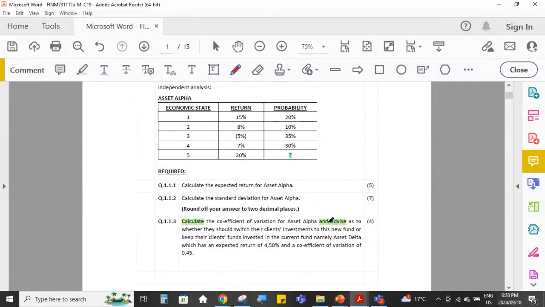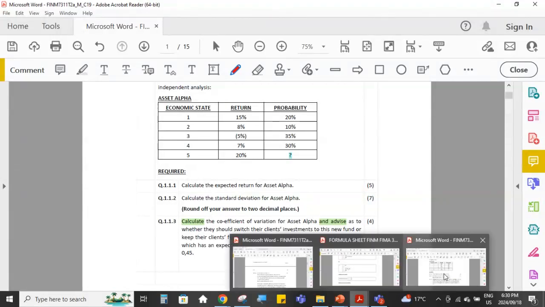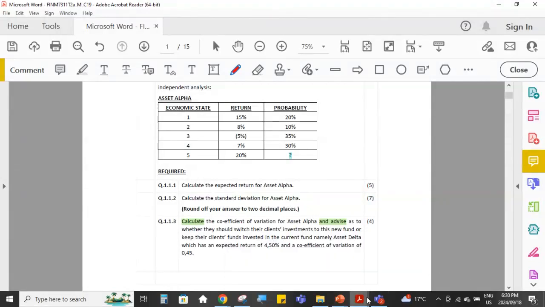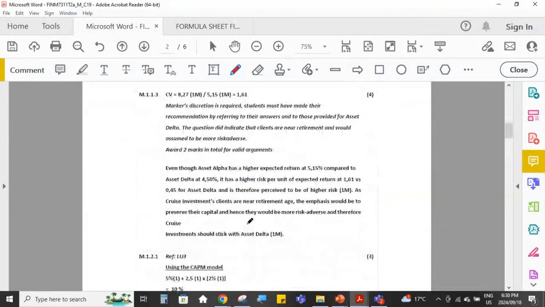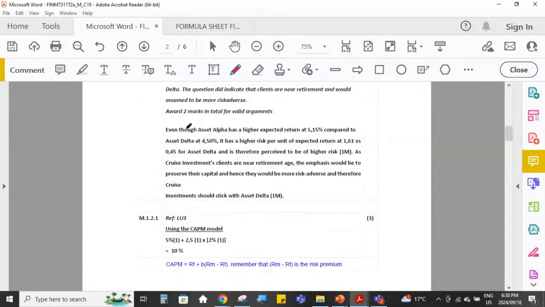So you've got to advise whether they should or shouldn't switch, and then give reasons for your decision based on comparing our results for alpha to the results that they've given us for delta. Okay, you want to think about that for a second. So this is kind of what you should have come up with.